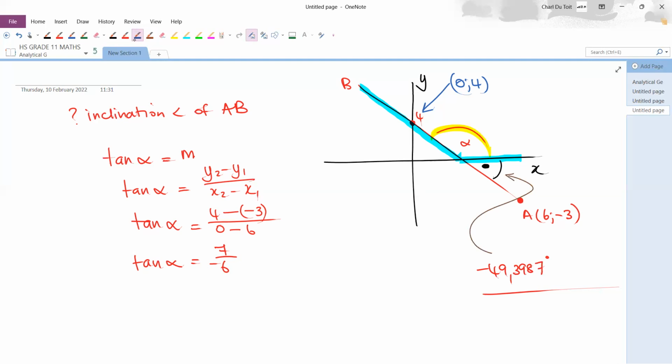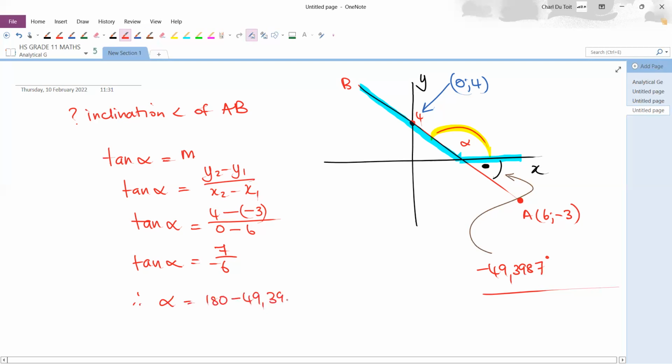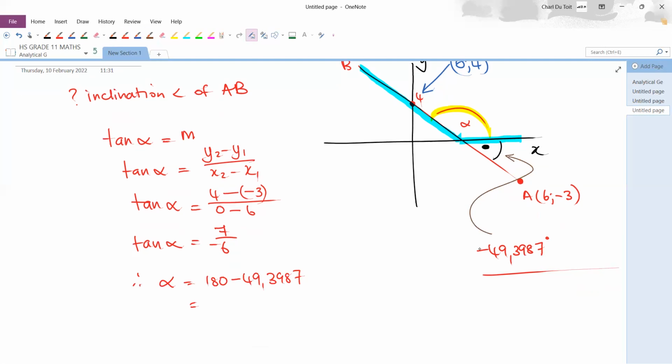So how can I get the proper angle? Well, the sum of those two is 180 degrees. So therefore, alpha equals 180 minus 49.3987. I'm in fact just going to add 180 to my calculator because I already have a -49 there. And then I get what?